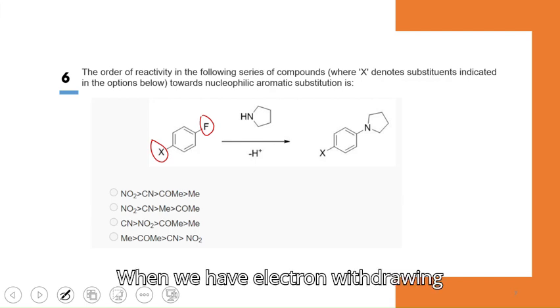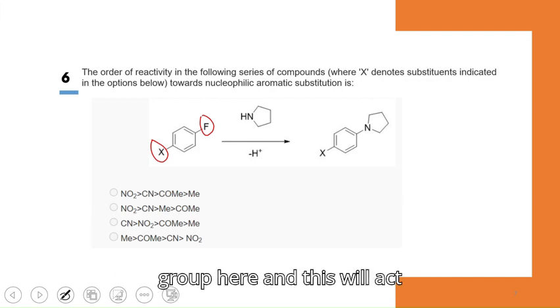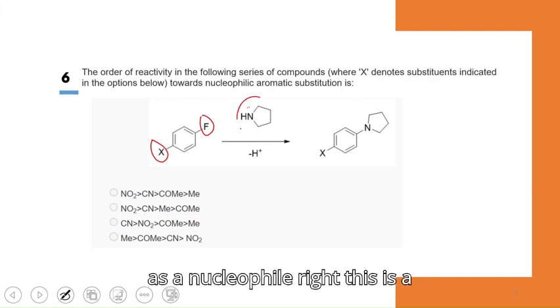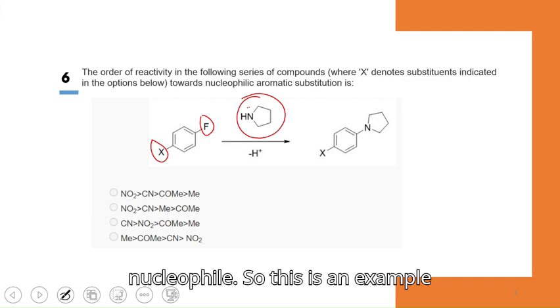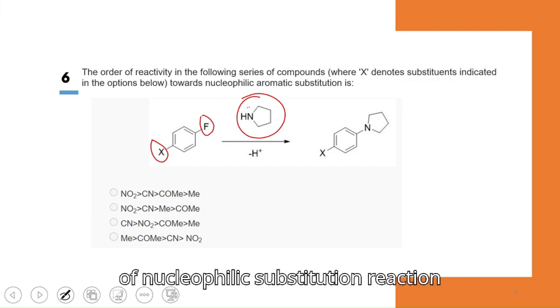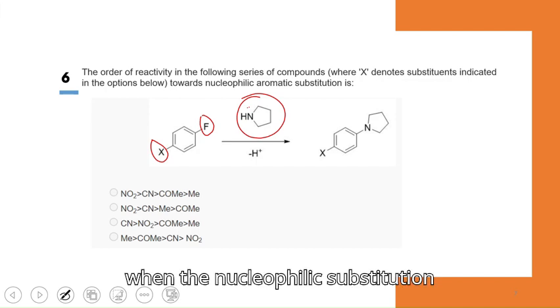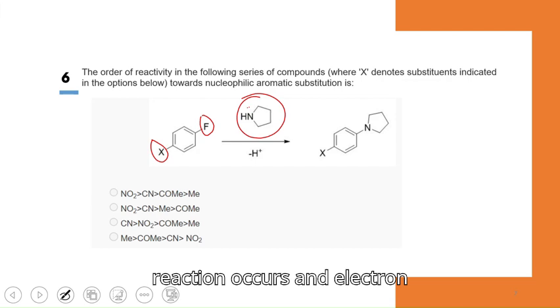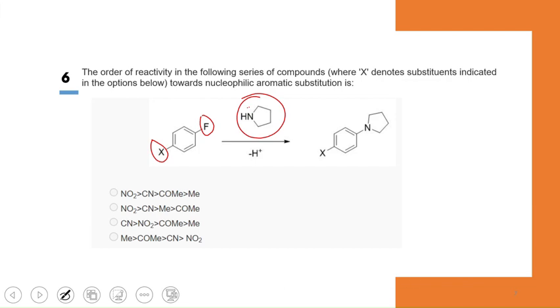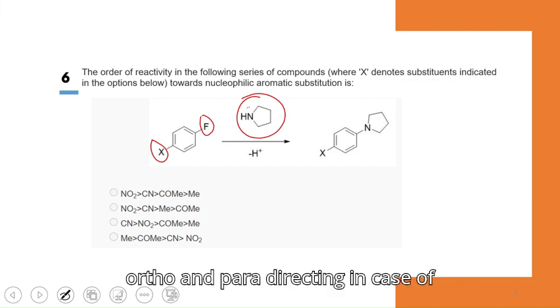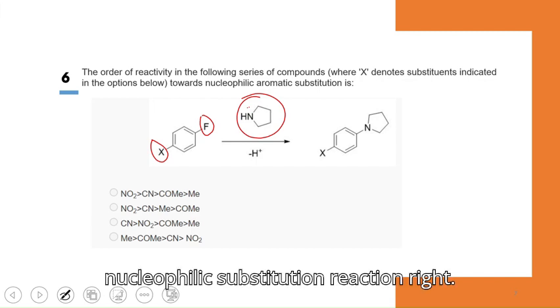When we have an electron withdrawing group here, and this will act as a nucleophile, this is a nucleophile. So this is an example of nucleophilic substitution reaction here, and in this case, when the nucleophilic substitution reaction occurs and an electron withdrawing group is there, that time it will act as ortho and para directing in case of nucleophilic substitution reaction.